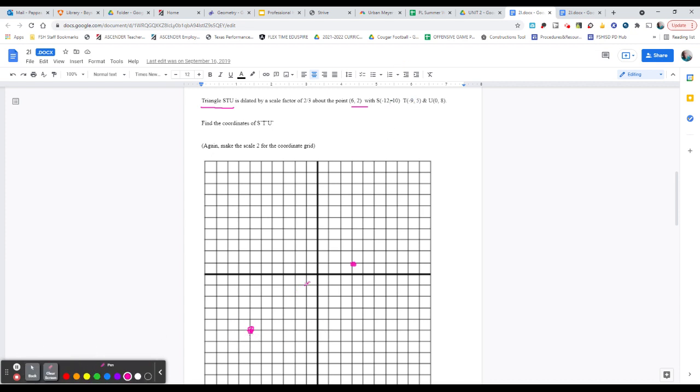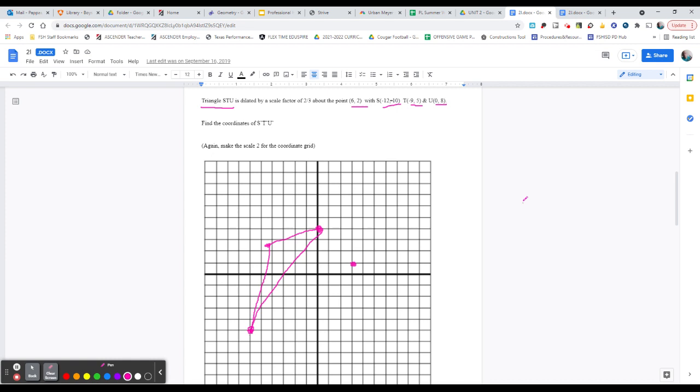And then we have (-9, 5), so negative 2, 4, 6, 8, 9, and (-9, 5) is right here. And (0, 8), which is 2, 4, 6, 8, right here. So this is our triangle, like that. There's our original triangle.